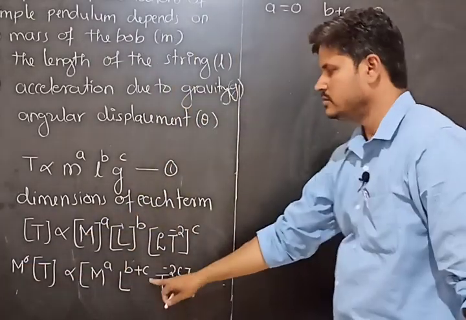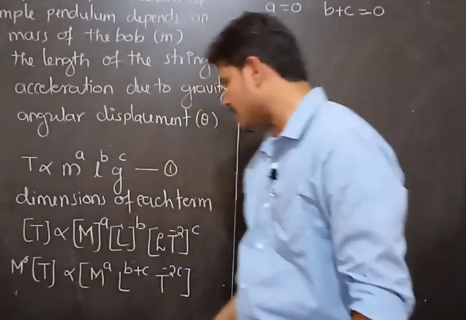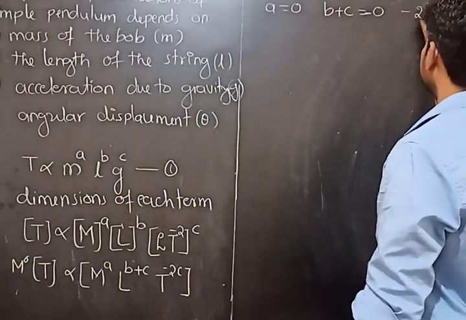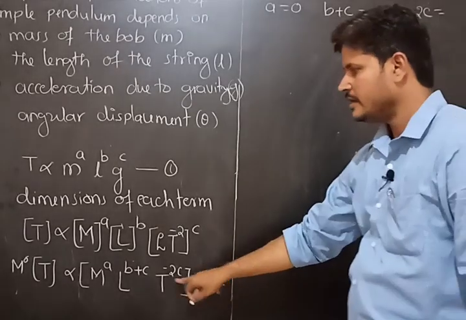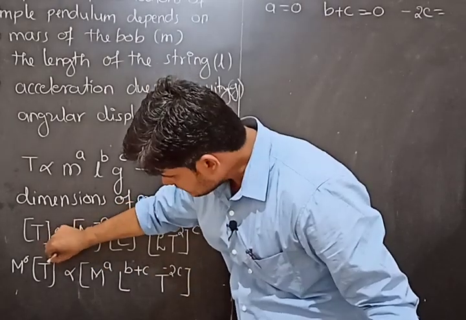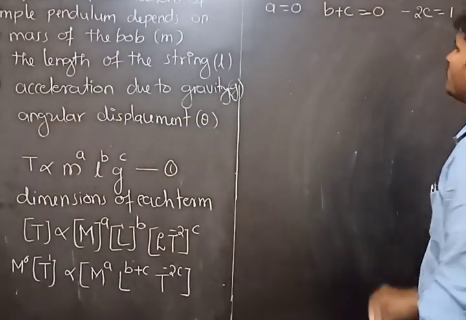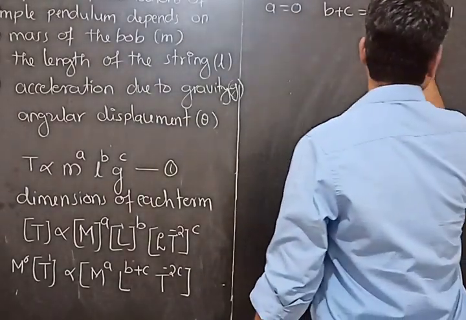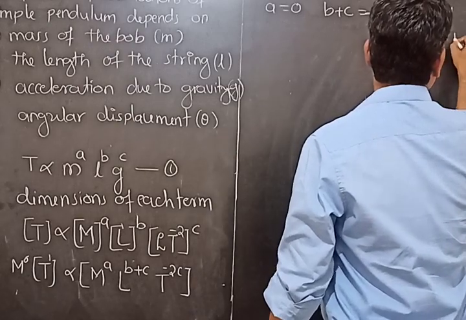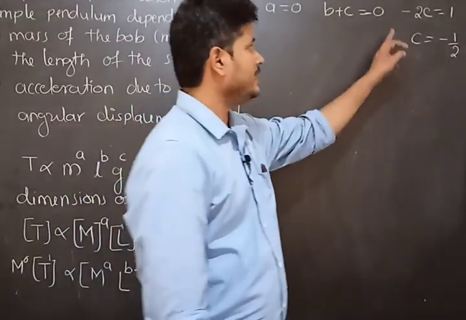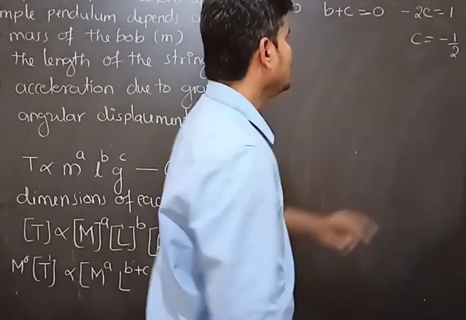Yes, L raised to 0 can be considered. So for the last term, minus 2c is equal to, since nothing is there, T raised to 1 is present. Therefore, 1. Next, c is equal to minus 1 divided by 2.